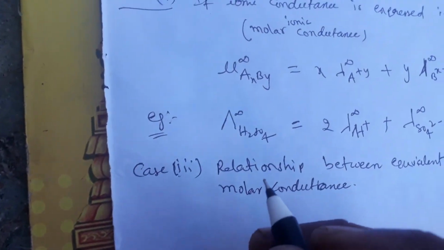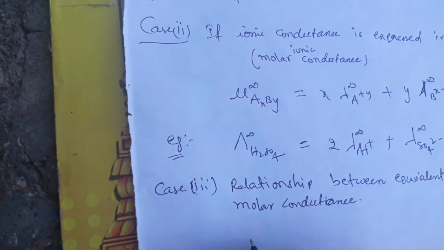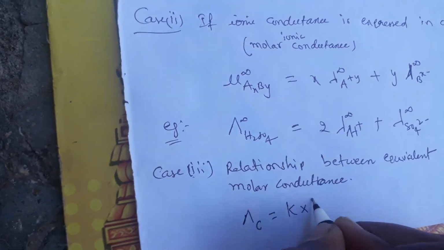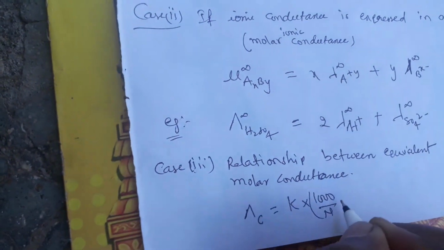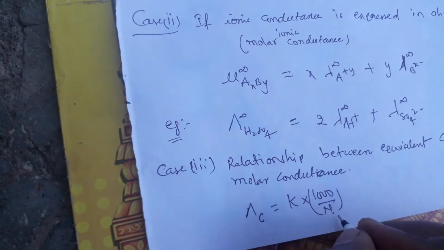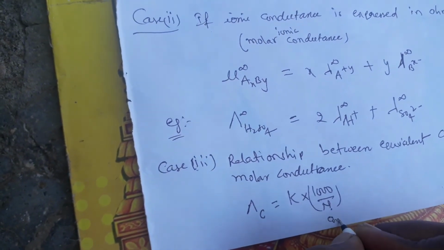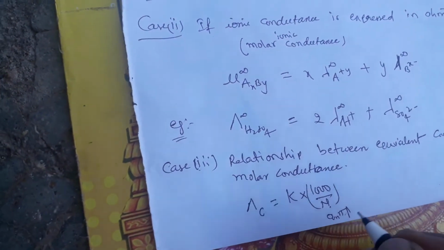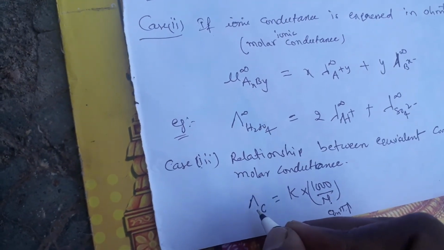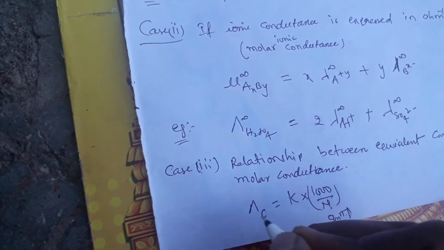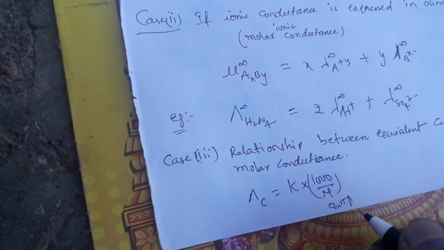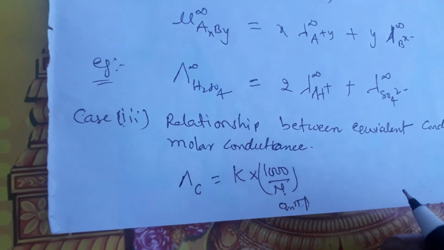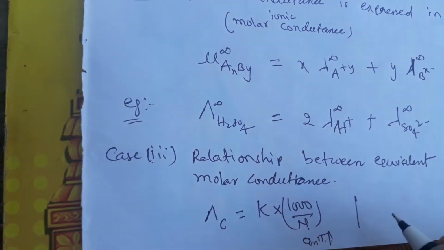The equivalent conductance depends on the normality. So we know that K into 1000 by N, this is the concentration. From this also you can say that if the concentration increases, the conductance will decrease. If I decrease the concentration, the conductance will increase. As simple as that. So this is the relationship between the normality and equivalent conductance.